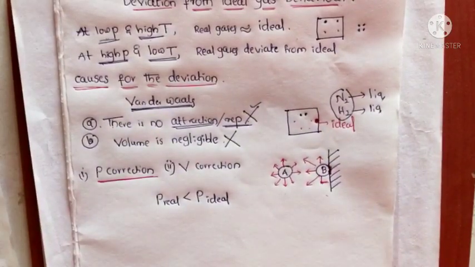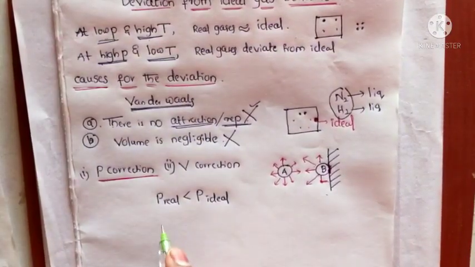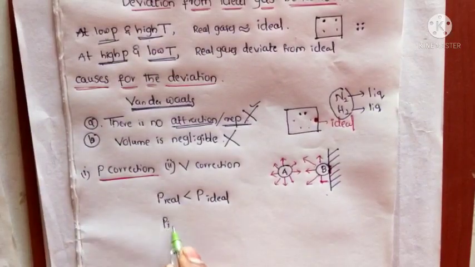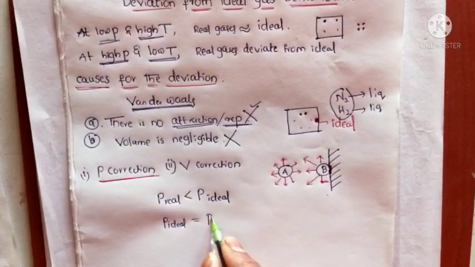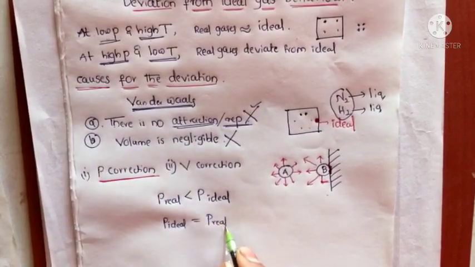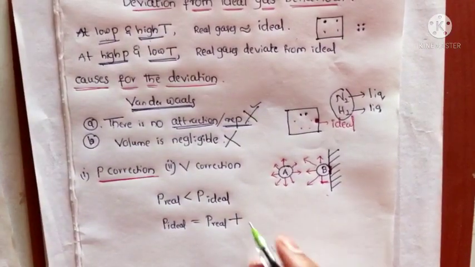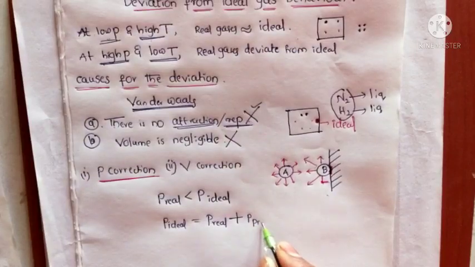Now here, to balance this, for example, this is the ideal gas pressure. To balance this, to the real pressure we add a pressure correction factor.